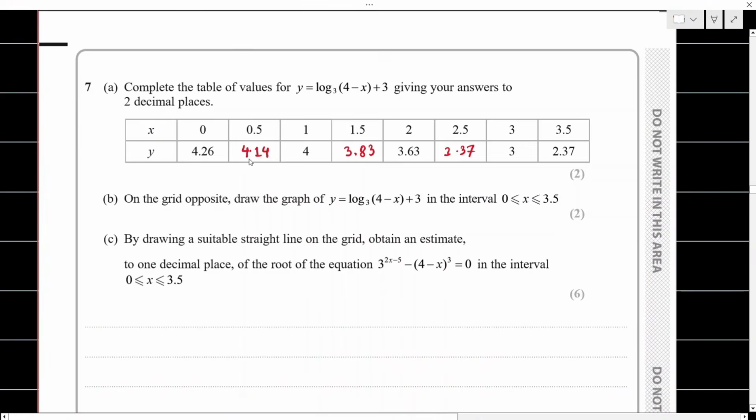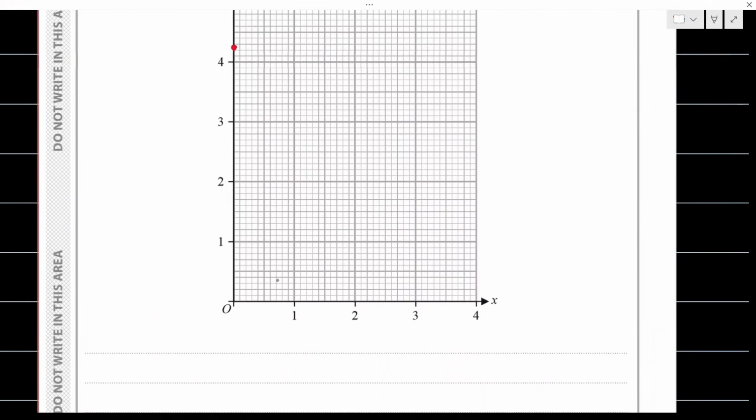Then we have 0.5, 4.14. Again, on our x-axis, we have 10 boxes between 0 and 1, so each box represents 0.1 units.